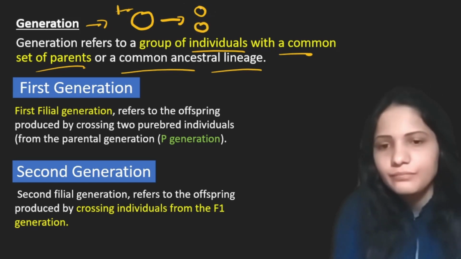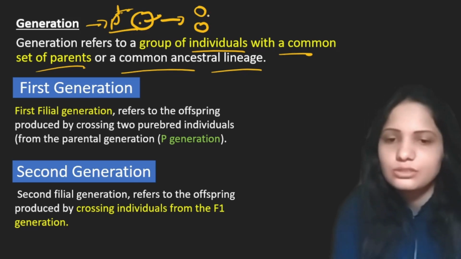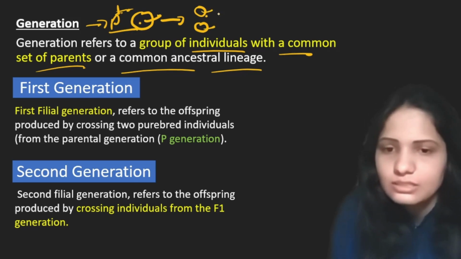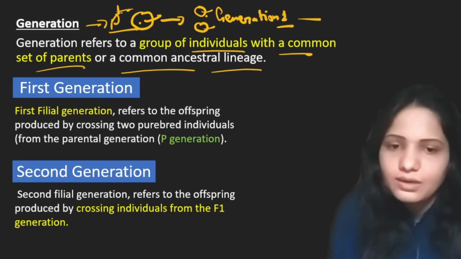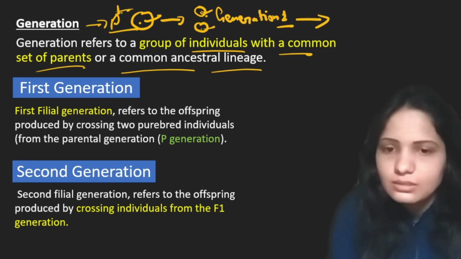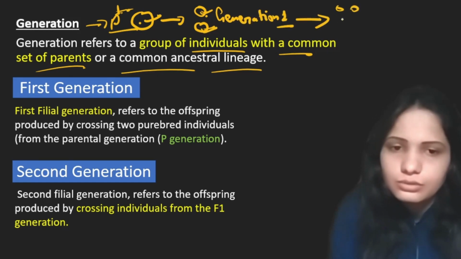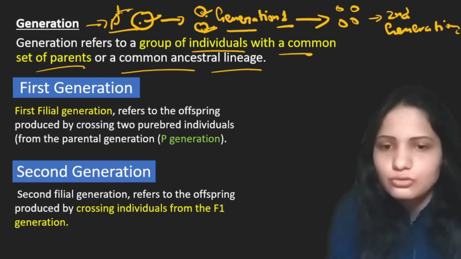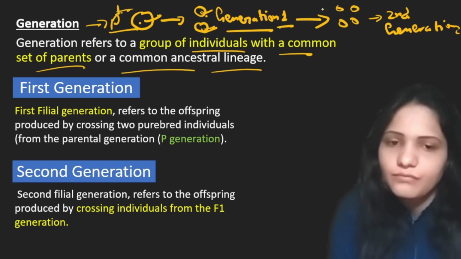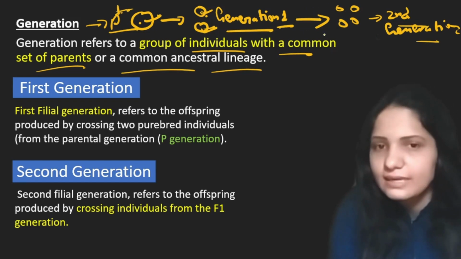Now we have the parental generation, and this parental generation gives rise to this generation, which is generation 1. Further on reproduction, this will give rise to the second generation. Parent generation gives rise to first generation, then first generation further on reproduction gives rise to second generation.